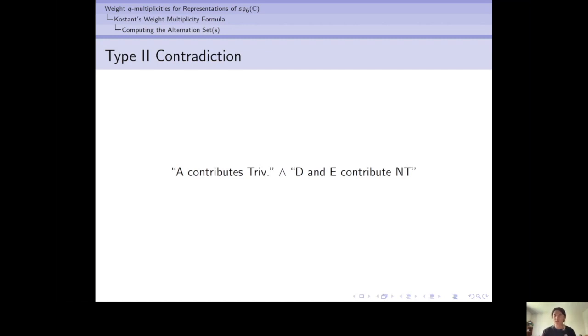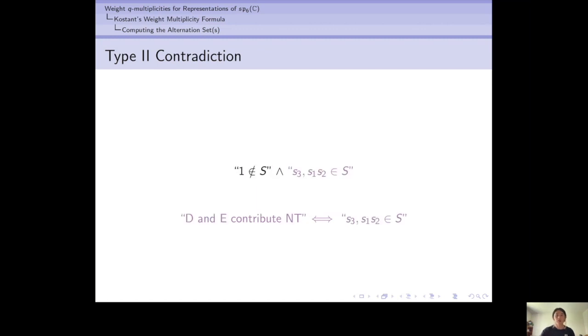We can take this one step further to identify the supporting sets by noting that A contributes trivially if and only if 1 is not inside of that set S, and that D and E contribute non-trivially if and only if S3 and S1, S2 are inside of S. Since this is equivalent to a contradictory statement, we now have that S can never be an alternation set, because if S were an alternation set, then in some form we would arrive at a contradiction to the constant weight multiplicity formula conditions, which are the non-negativity and integrality conditions.